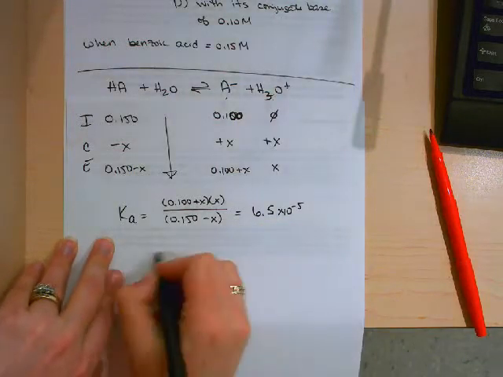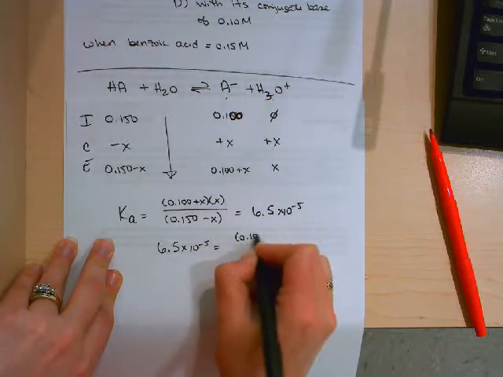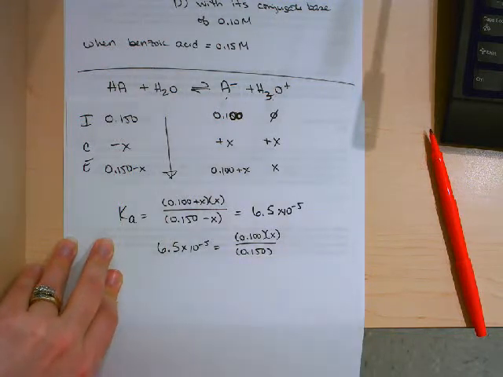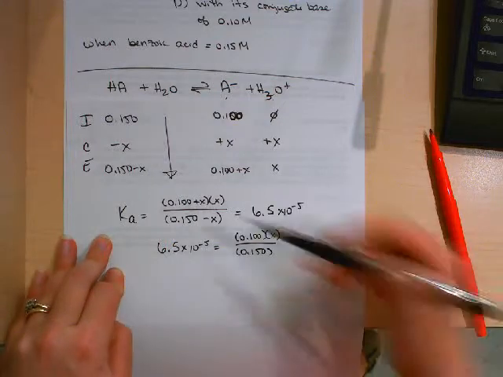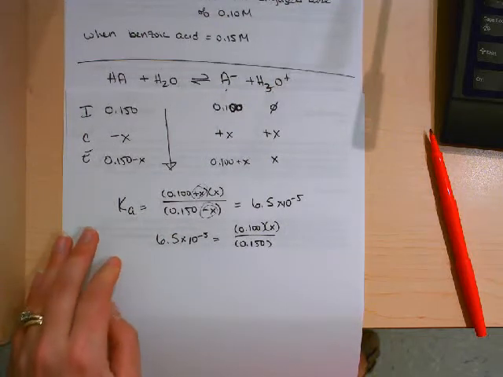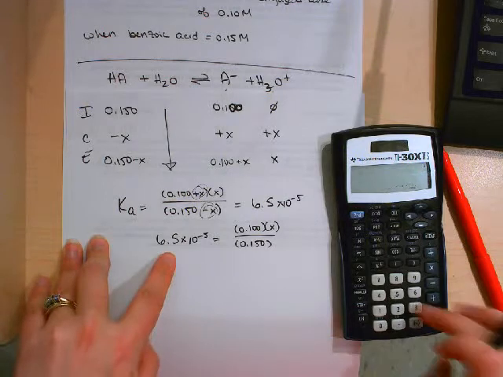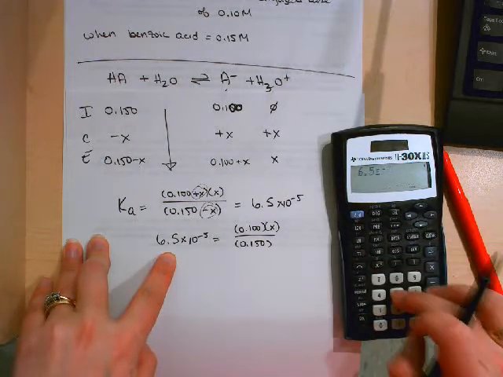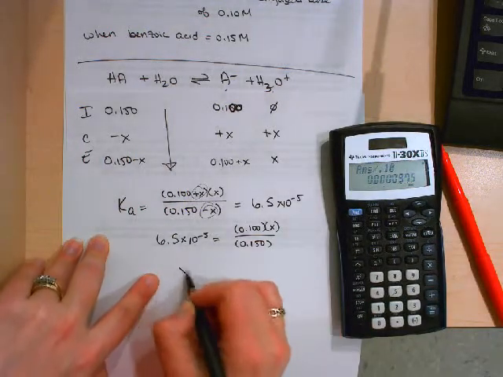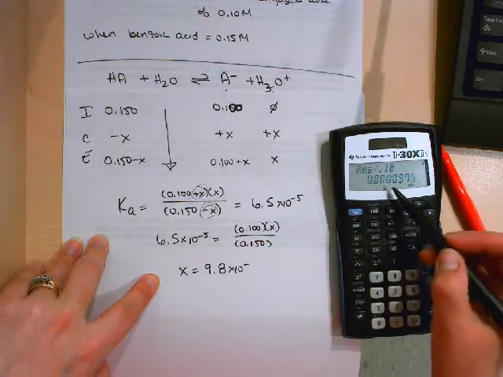Alright, so we're going to say 6.5 times 10 to the negative fifth is 0.1 times x over 0.15, because we assume this x and that x are small. I haven't done this problem yet, so someone double check me, but I think I'm good.